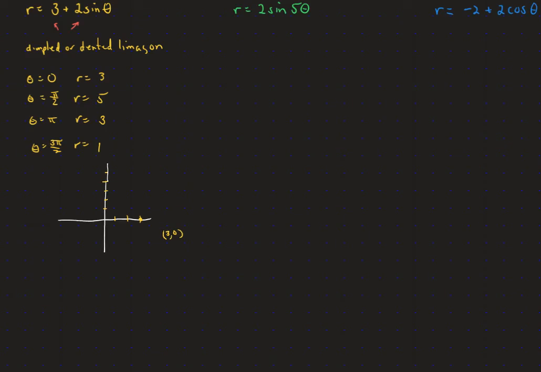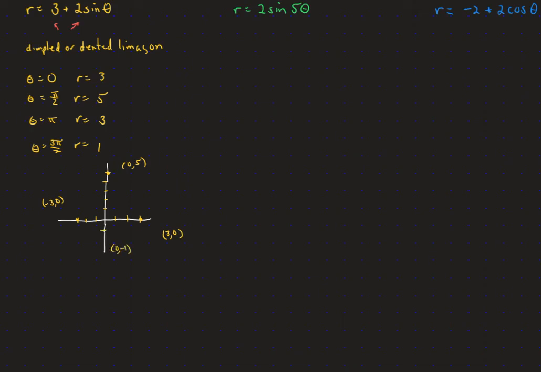And so that point is going to be 0, 5. And at pi, we're going to be 3 away from the pole. In rectangulars, that's negative 3, 0. And at 3 pi over 2, we're going to be 1 away from the pole. And we're going to call that 0, negative 1.